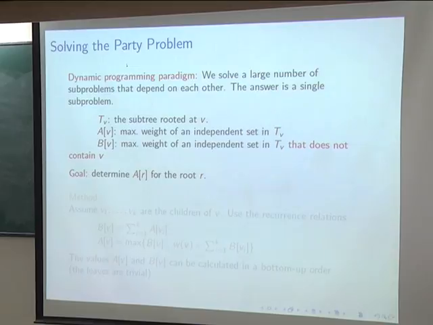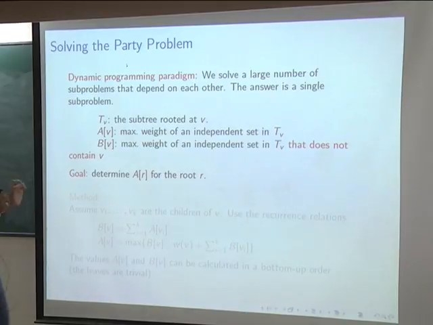So A is inclusive of B, right? Yes, so you don't want to determine just A_R, you want to determine the max of A_R, B_R. But what is A_R? It is a maximum weight independent set in T_R. A_R includes B_R.